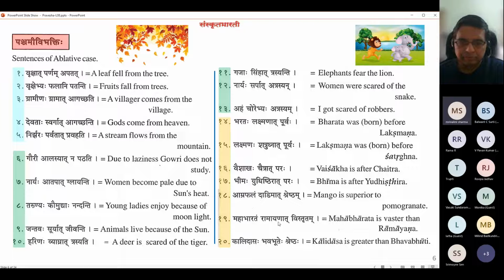Mahabharatam Ramayanat Visrutam. Mahabharata is vaster than Ramayana. Kalidasaha Bhavabhutehe Shreshtaha. Kalidasa is greater than Bhavabhuti.